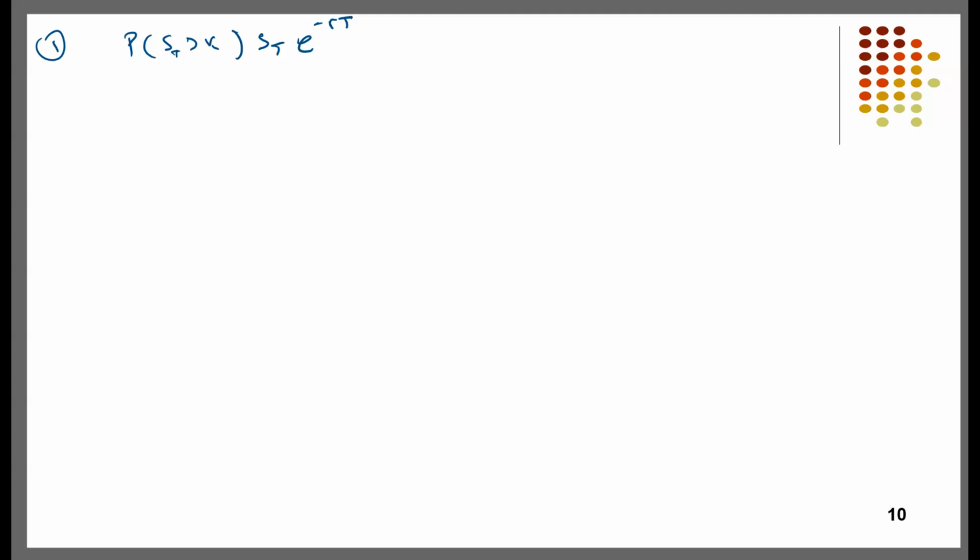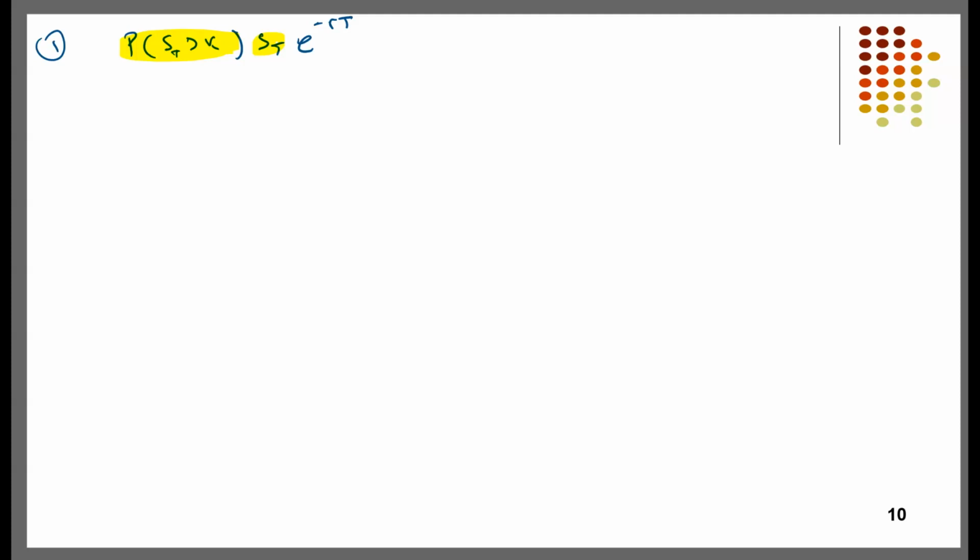The problem with this expression though is we could use the same approach that we used earlier, right? We could just plug in the probability value that we found earlier, call that N(d2), and multiply that by ST present value. But you still have ST here, right? So we've not made particularly good progress if we did just that.